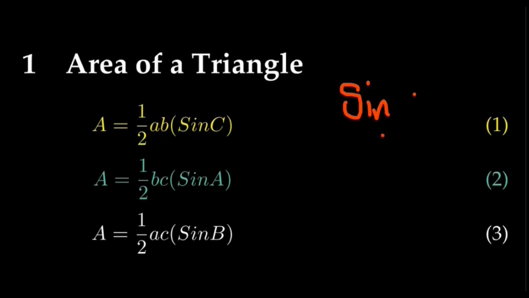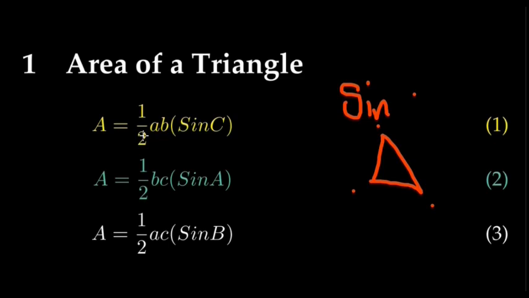Now remember, a triangle such as this one has three sides, A, B, and C, and three points. So we can pick any one point and the two sides at it.